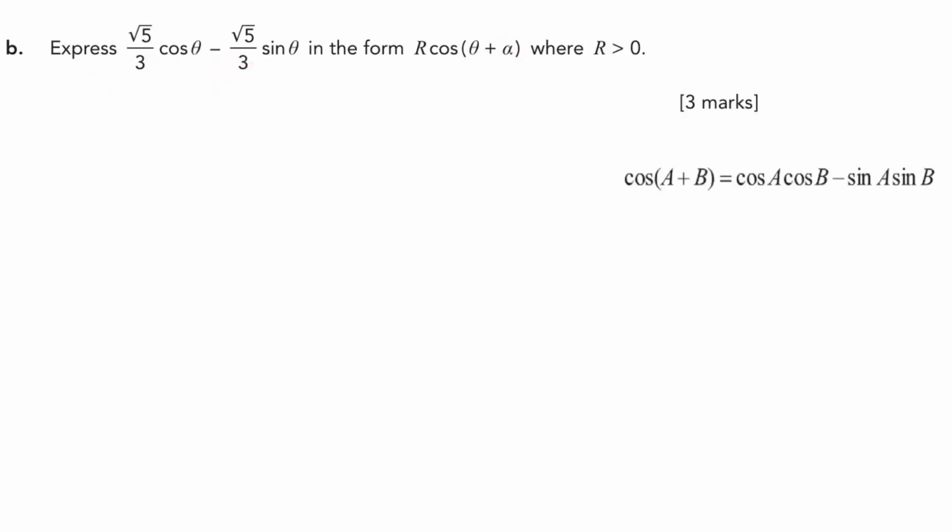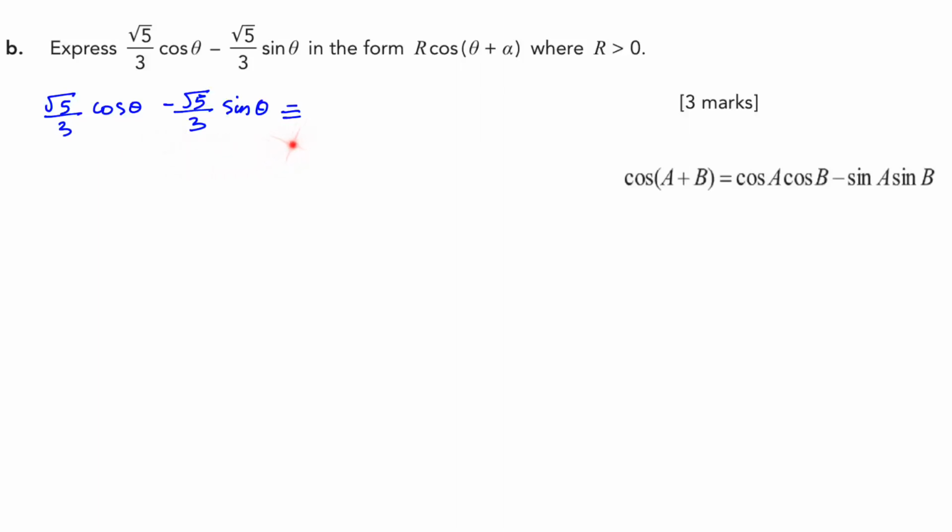Write down the question again. So you will get square root 5 over 3 cos theta minus square root 5 over 3 sin theta is equal to. So this is our formula where theta is A and alpha is B. Write down your question again.